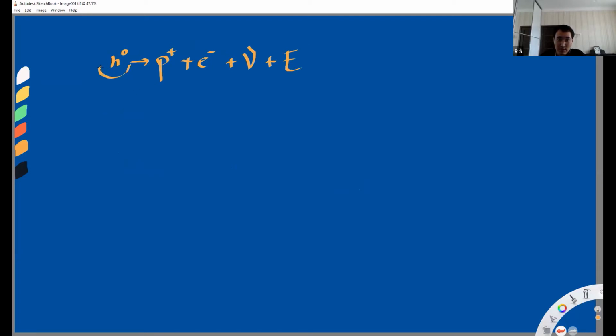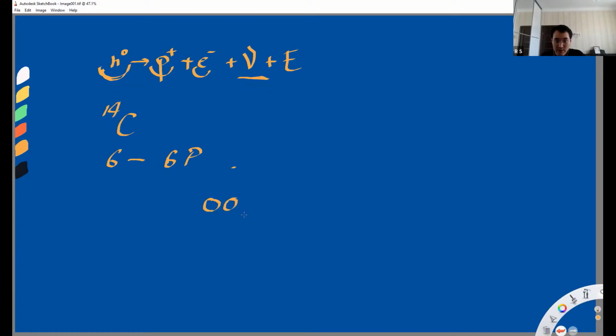So this single neutron becomes 1 proton, 1 electron, and neutrino, which means, for example, you have C14, and carbon has the atomic number 6, which means 6 protons are in the nucleus.